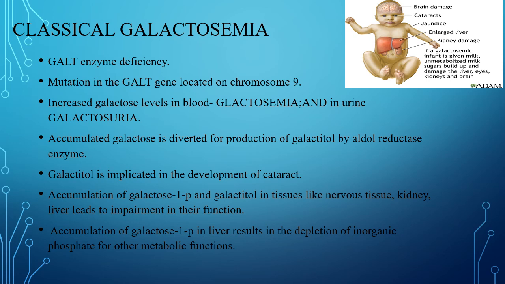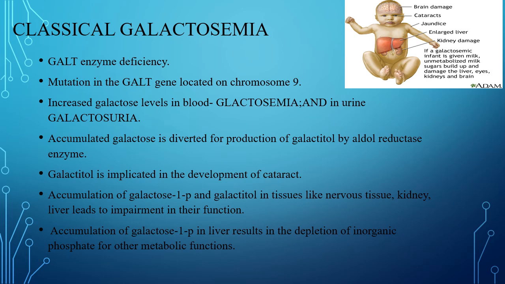Because the normal metabolic pathway is not happening, galactose gets converted to galactitol by the enzyme aldose reductase, and this galactitol is deposited in the liver, in the nervous tissue, in the kidneys, and even in the eyes. This is responsible for the development of cataract in babies and all other complications.